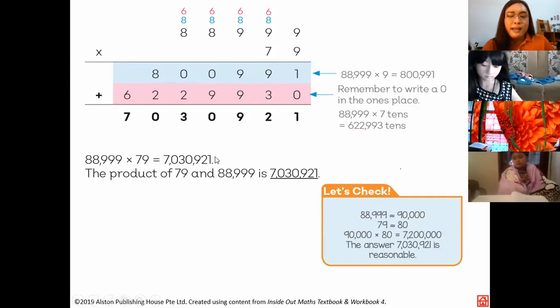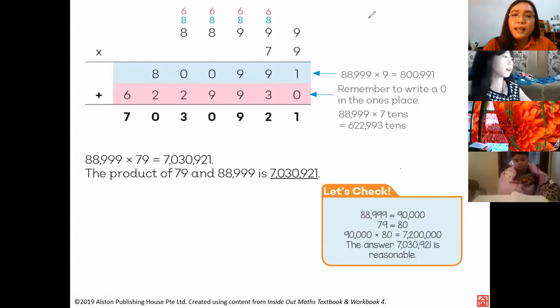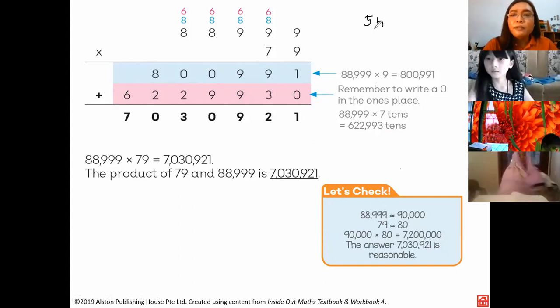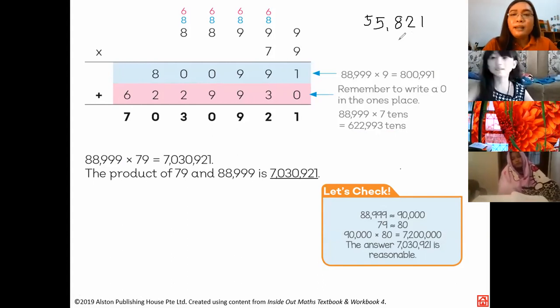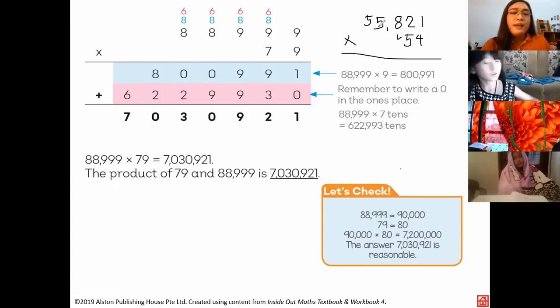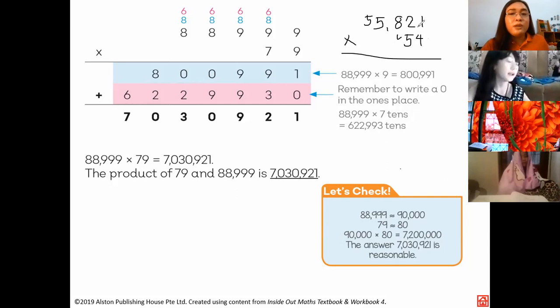All right, so I guess you already understand this. So let me give you an example. Can you multiply this? 55,821 multiplied by 54.